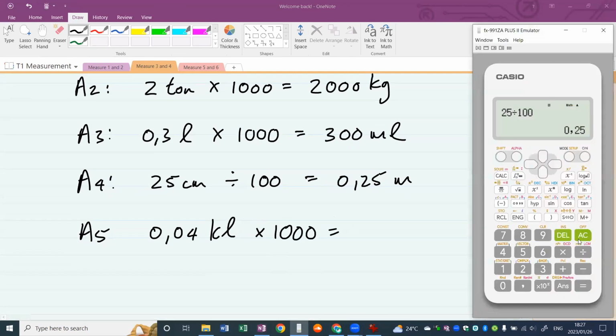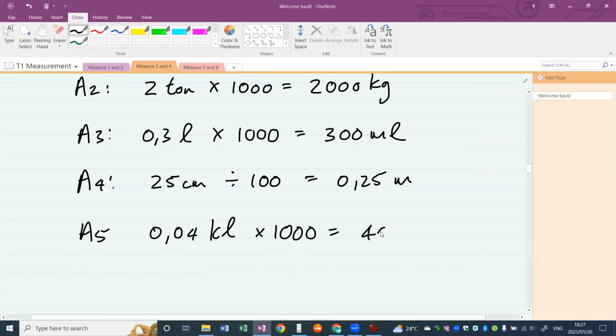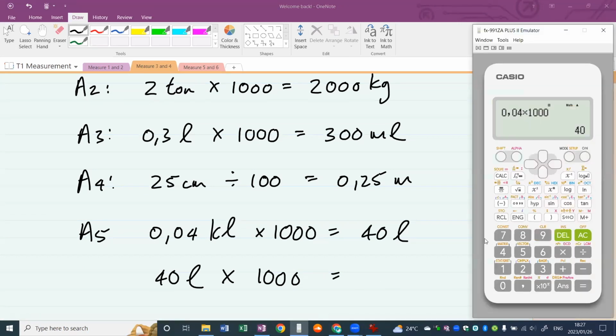Okay, so let's use my calculator. It must do all the work for me. Times 1,000, I get 40. 40 what? 40 liters. You must write the unit there. 40 liters. Now I need to take my 40 liters and times that by 1,000 again to get my milliliters. All right, so 40, my answer's there. I'm just going to say times my answer by 1,000.